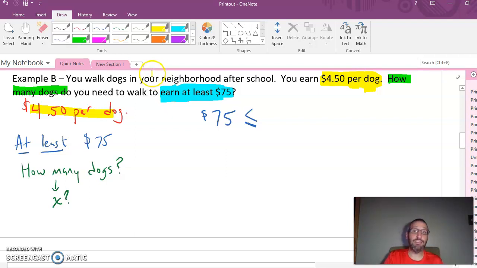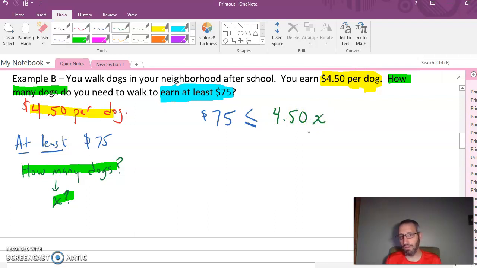For each additional dog, I'm going to be getting another $4.50, which sounds a lot like multiplication. Now, how many dogs am I doing? I don't really know, right? That's our question. That's our x. So if it's $4.50 per dog, I think I'm going to end up with $4.50 times the number of dogs that I need to do or walk.